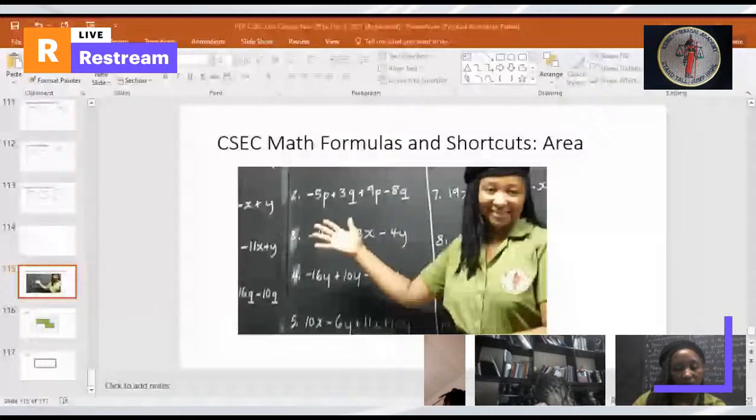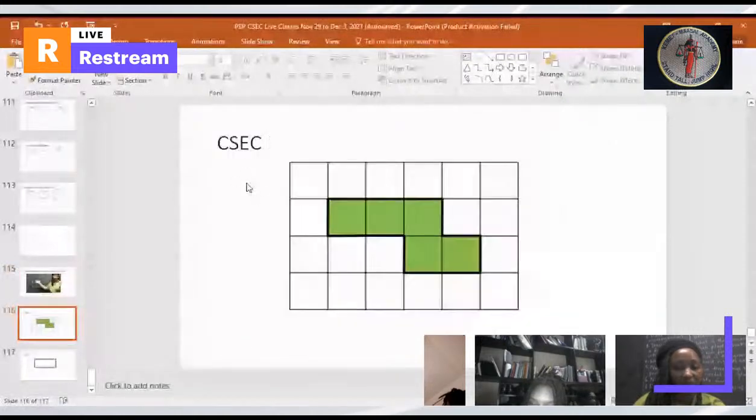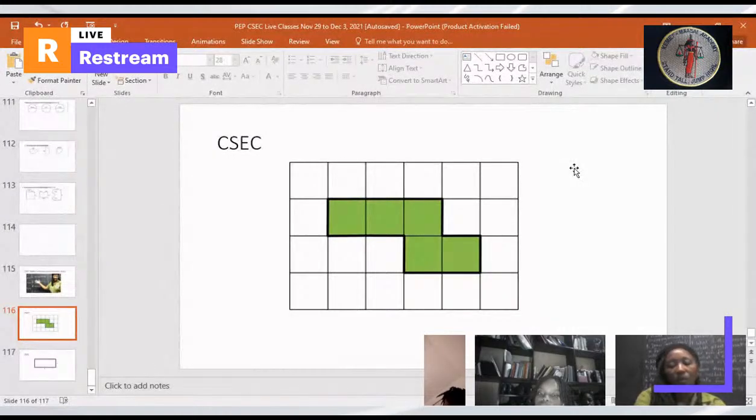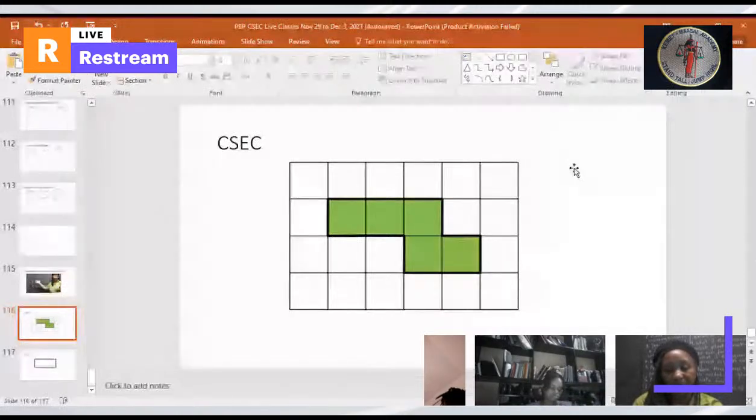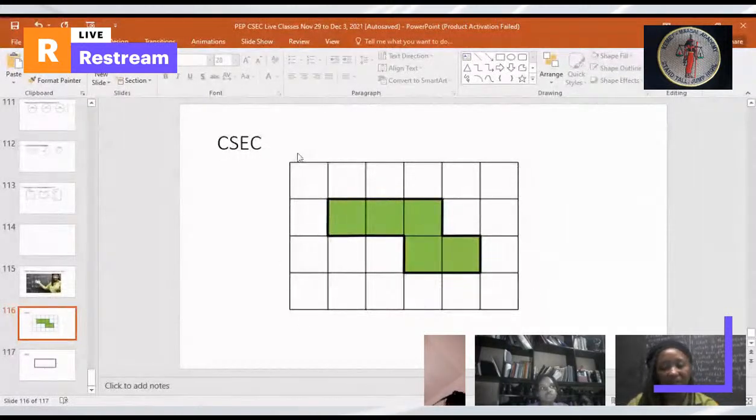So let's define, first of all, rectangle. On the screen, we have a rectangle. We have a grid. It's in the form of a rectangle. So the outer edges, and then because it is a grid, it's divided into smaller rectangles, in this case, smaller squares.